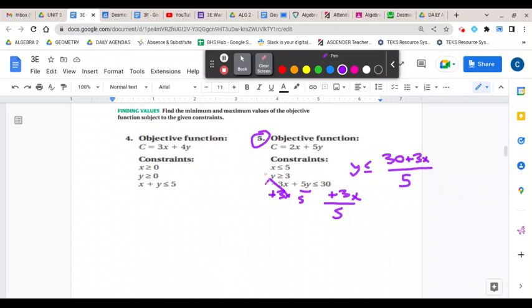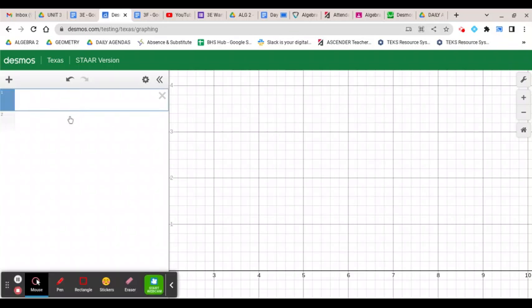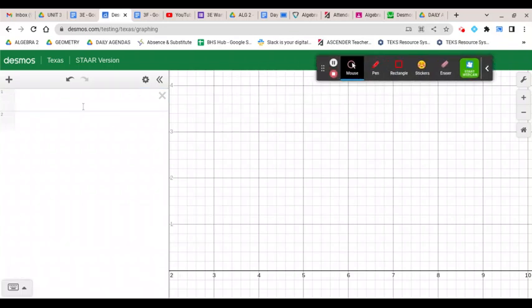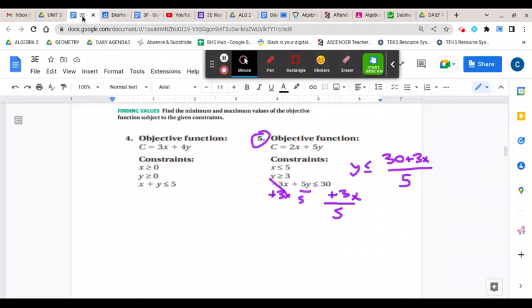Again, with these constraints, x is less than or equal to 5, y is greater than or equal to 3. So we can go into our calculator here where we have x equals 5, y equals 3, and then 30 plus 3x over 5.